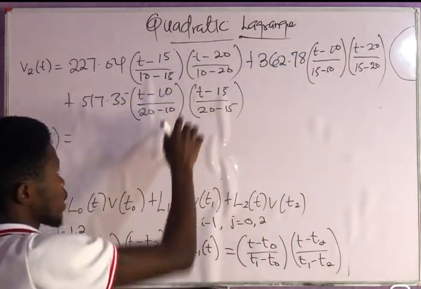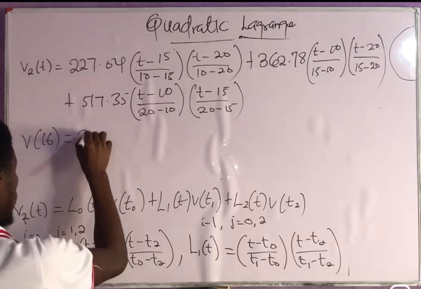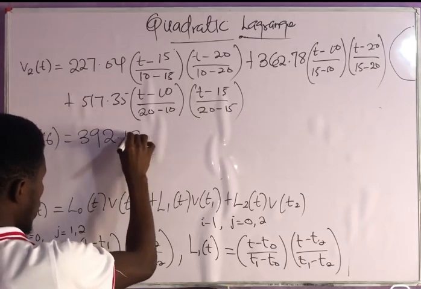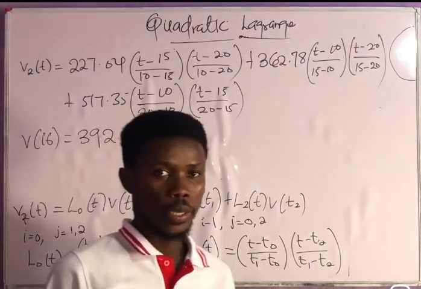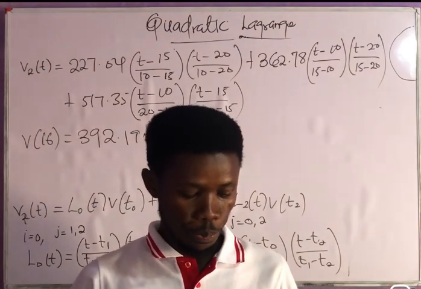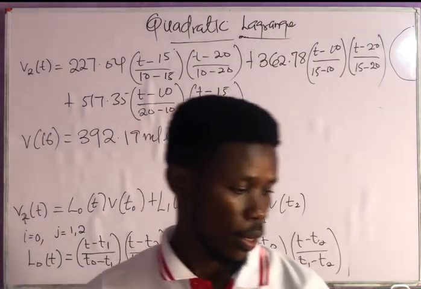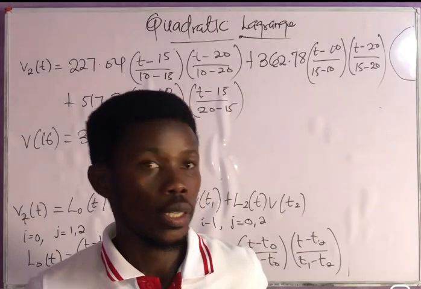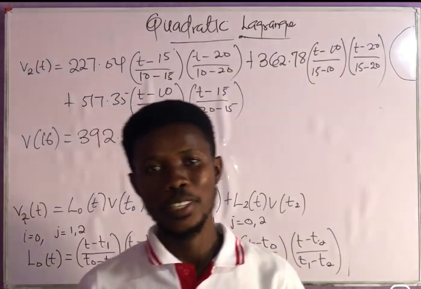If you do it very well, you are going to have 392.19 meters per second. And this is the quadratic Lagrange interpolation, and we are done with Lagrange interpolation.